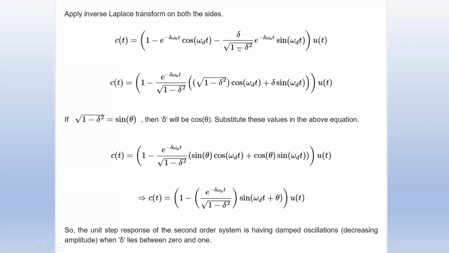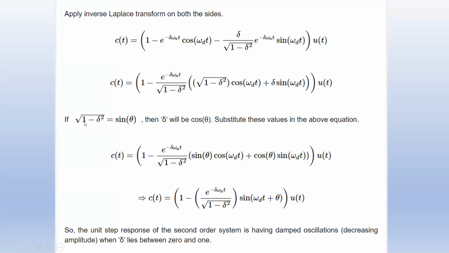If we take the exponential term as common from both, and take this one as common, we get this equation: square root of 1 minus delta square times cos of omega d t plus delta times sine of omega d t.